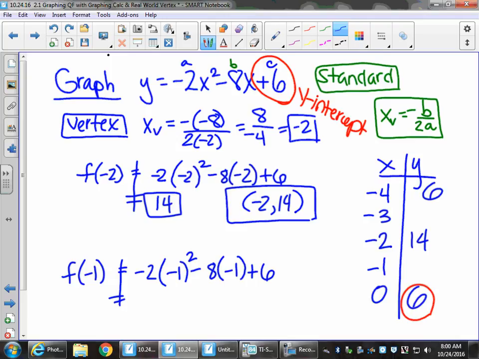You see it? 12? Where does 12 go in the table? Yep. Now that I have my 5 points, what are we going to do? Go for it. So sketch yourself a graph. Decide what you're going to count by.